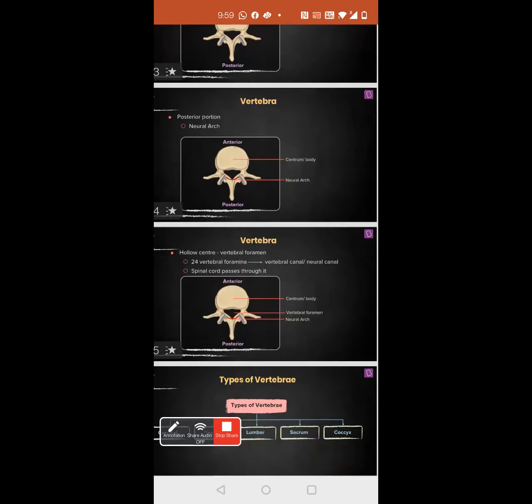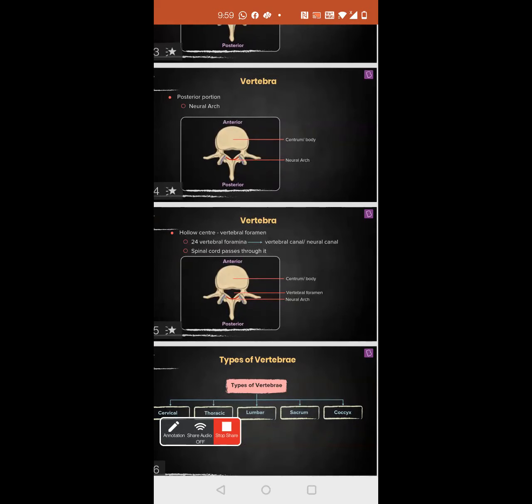Now, totally 24 vertebrae are there, and together they form this canal or column, and the spinal cord passes through it. Wherever there is an opening, the term generally given for any sort of opening is foramen.